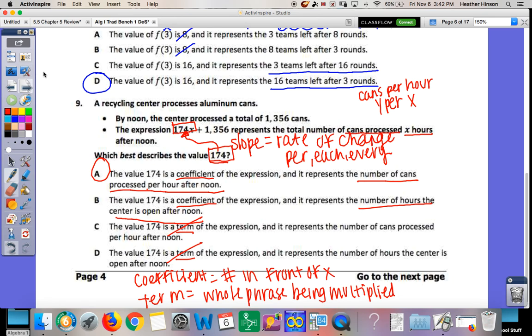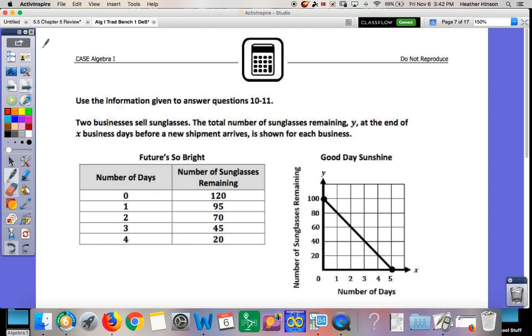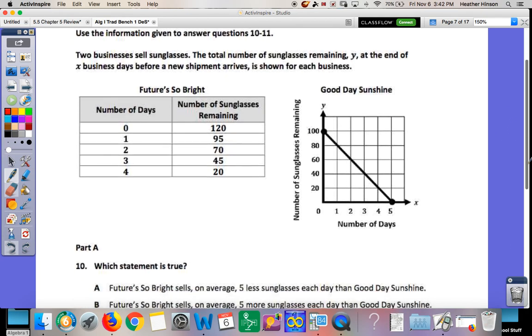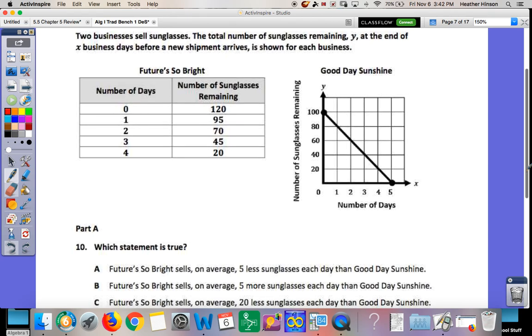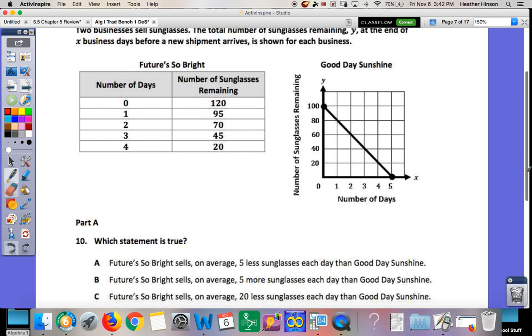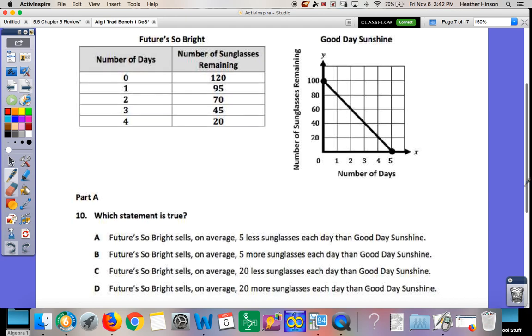Okay, number 10. Okay, 2 businesses sell sunglasses. The total number of sunglasses remaining y at the end of x business days before a new shipment arrives is shown for each business. So we have one of them as a table and we have one of them as a graph. So which statement is true?